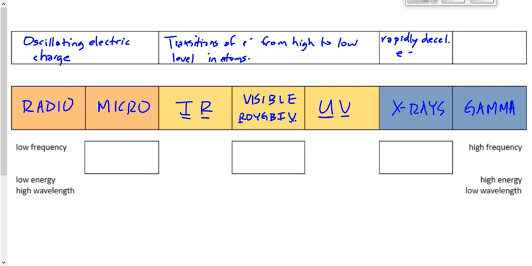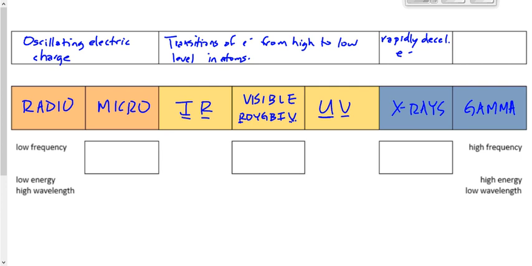And then we smash them into this target, and they stop almost instantly. They had a lot of kinetic energy. That energy has to go somewhere. A massive amount of kinetic energy has to get transformed into a high energy type of EMR, like an X-ray. So this photon of X-ray ends up getting released as a result of that.